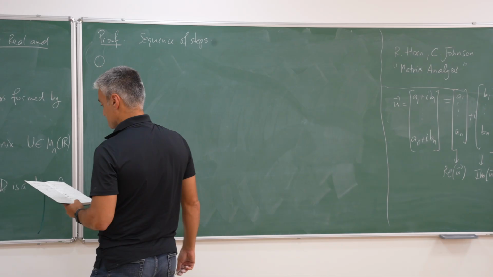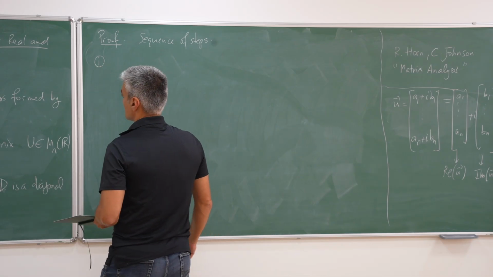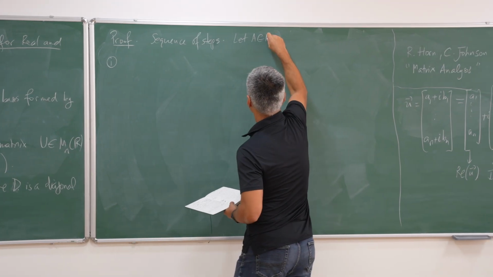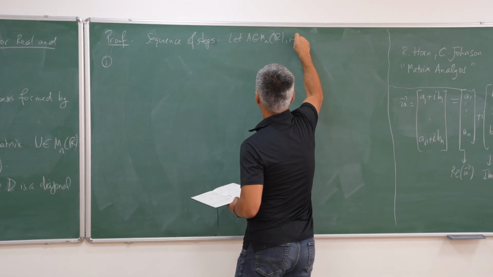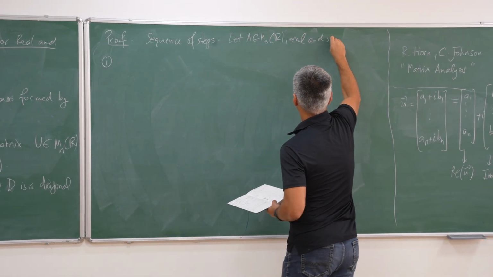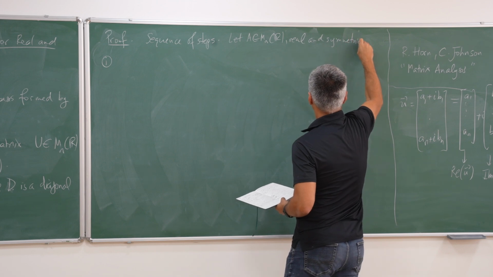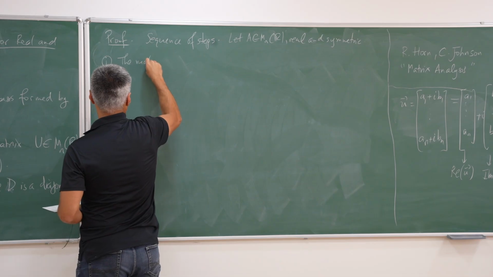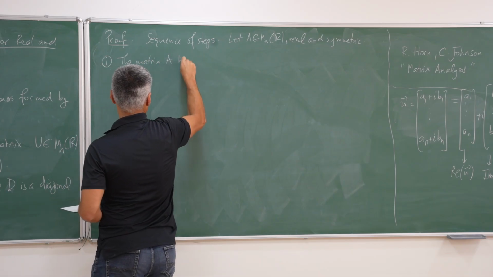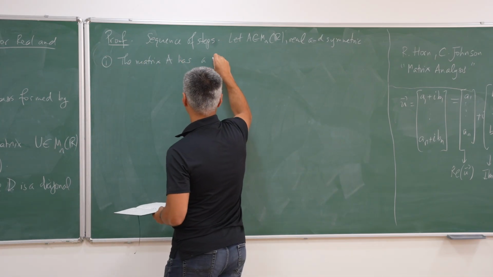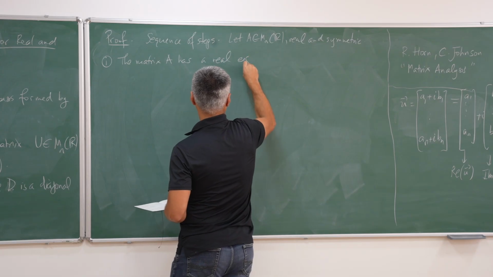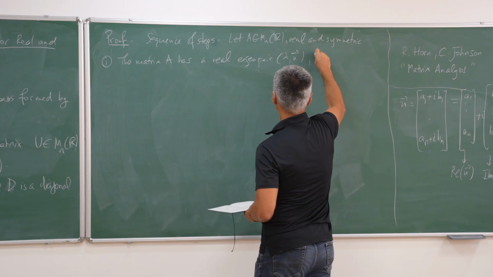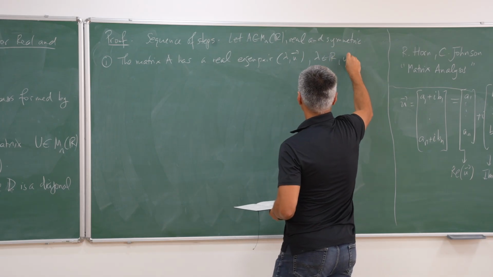What is the first part? The first part we have already seen. Let A be here. The first part is that the matrix A has a real eigenpair lambda, U, so lambda real, U real.